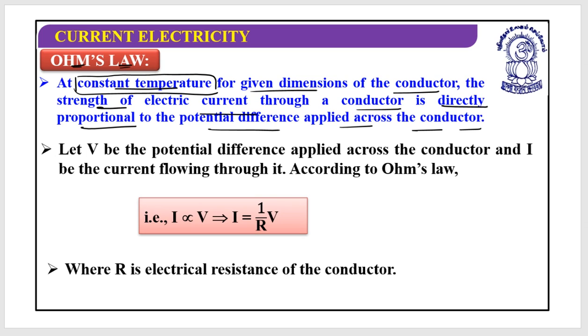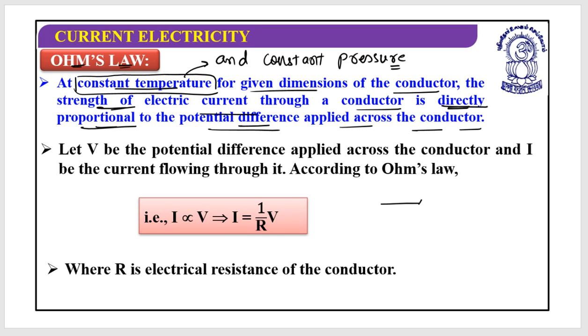For some materials you might find at constant temperature and constant pressure. For given dimensions of the conductor, the strength of electric current through a conductor is directly proportional to the potential difference applied across the conductor.